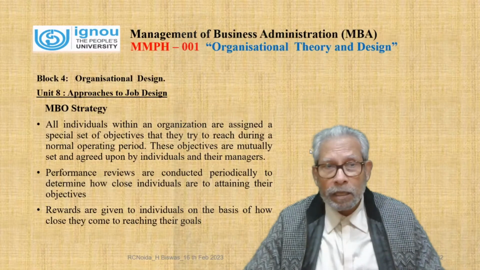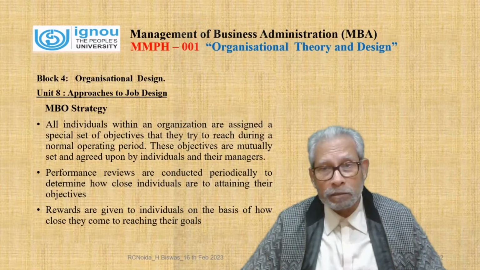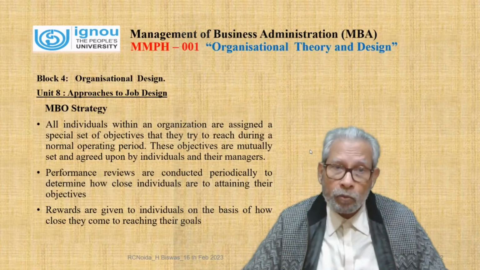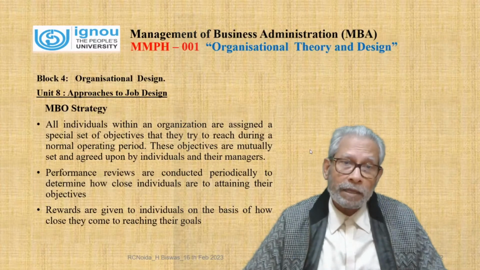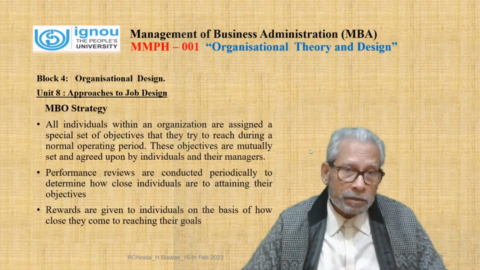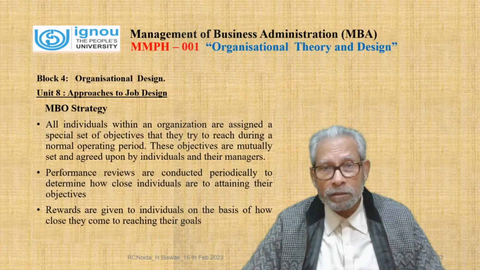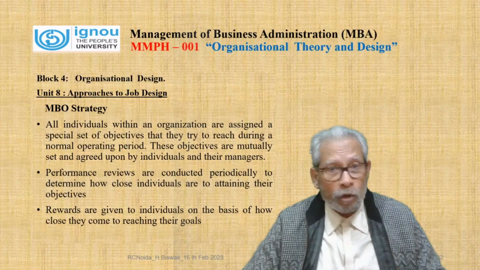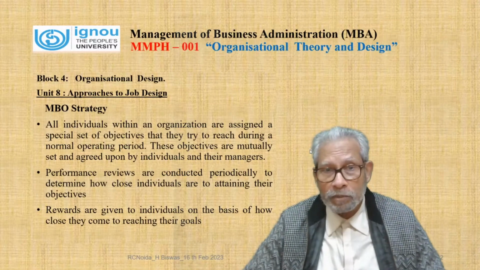This is the task that is to be reviewed. The performance reviews are conducted periodically to determine how close individuals are to attaining their objectives, the objectives that were set. How much closer are they? Maybe 90% they have met the target, or maybe 85%, or nearer to the target, or maybe they are lagging, maybe 50% away from the target.